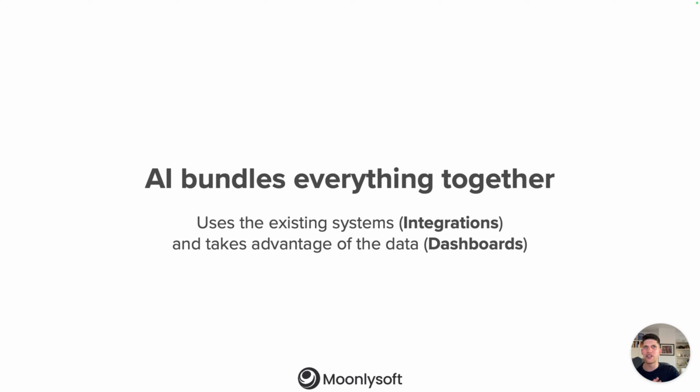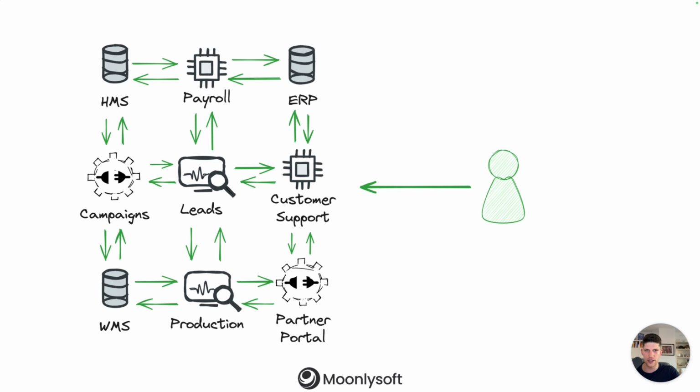AI bundles everything together. It uses the existing systems that we've talked about in integrations, and it takes advantage of your data that we've talked about in dashboards. So far, we've seen how easy it is in Industry 4.0 to press just one click and have everything work smoothly. And we've seen how anti-fragile this approach is.